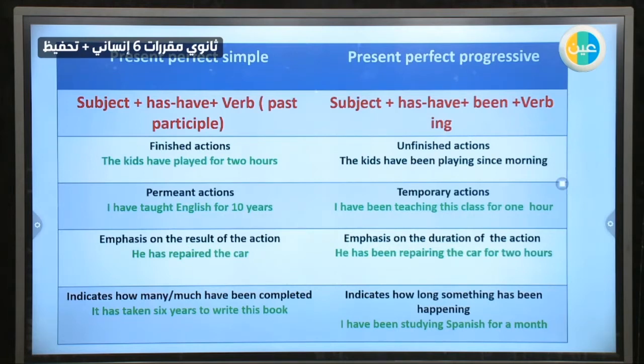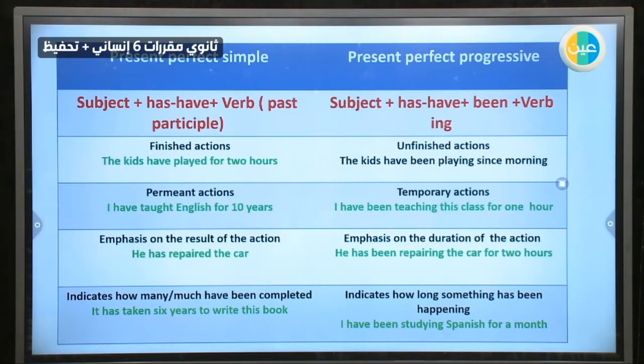After been, you can add your main verb, but with ing. She has been traveling. She has traveled.